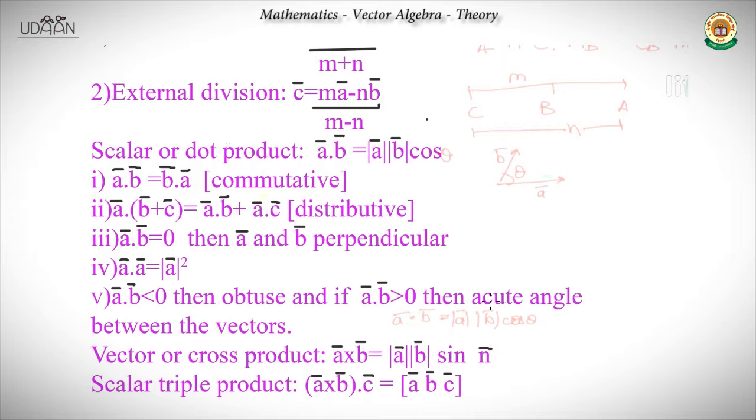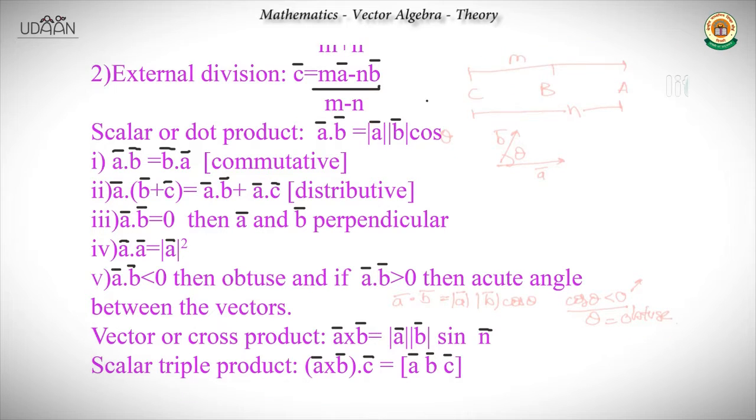So if this whole quantity is less than 0, which implies cos theta is less than 0, so theta will turn out to be obtuse. And vice versa, if the dot product is greater than 0, that is cos theta will turn out to be greater than 0, so theta will turn out to be acute.